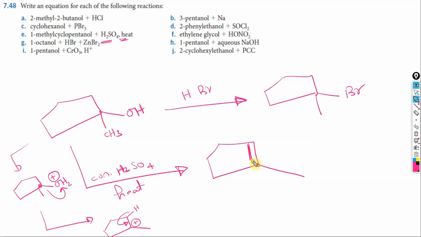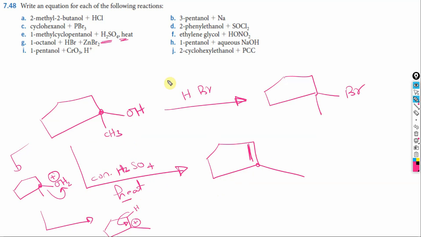So you're going to get an alkene, which is what we call the dehydration reaction. So you take concentrated sulfuric acid with an alcohol, especially a secondary or a tertiary alcohol, and you're just going to form an alkene, and you'll be getting the Zaitsev alkene in this case. Heat is going to just make this reaction go more efficiently.